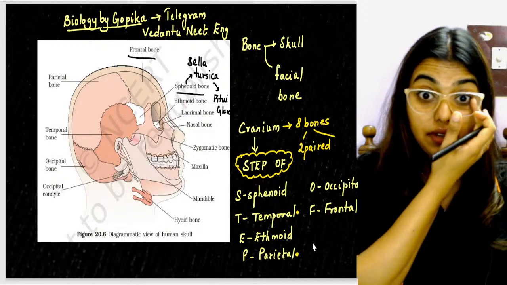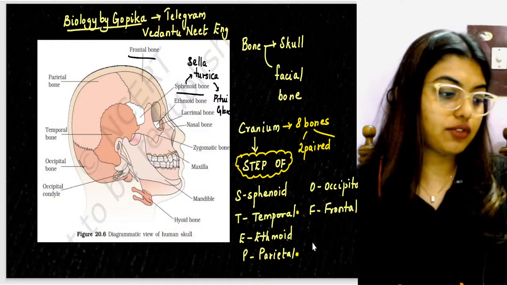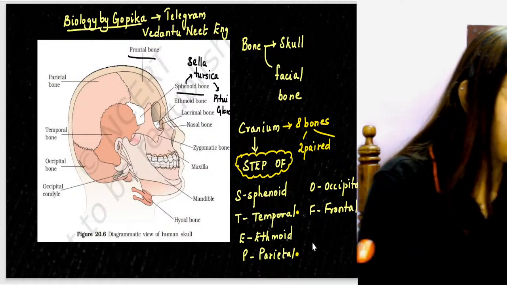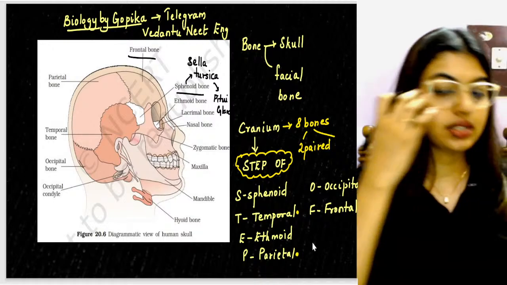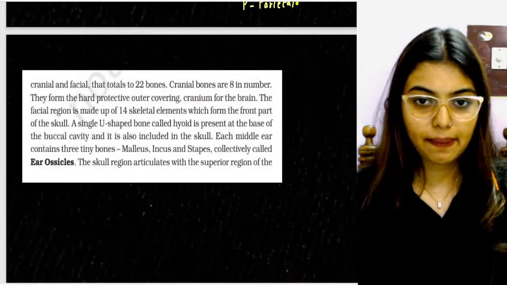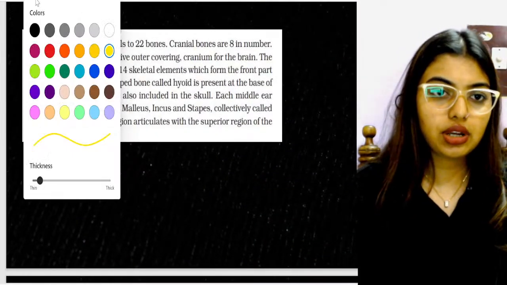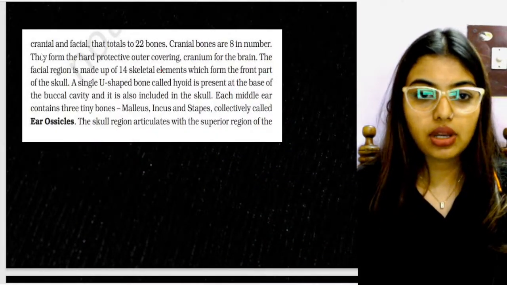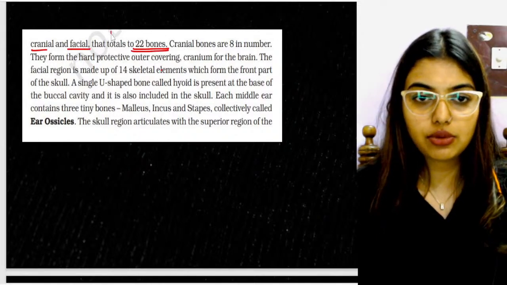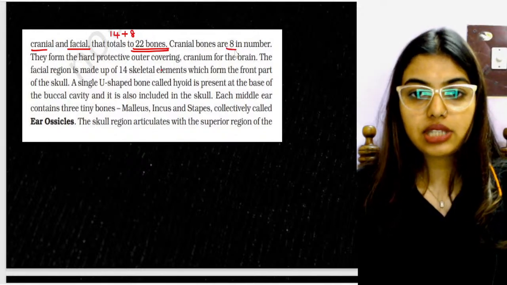Now students, when we talk about the facial bones. Cranium and facial bones total 22 bones. How are they 22 bones? 14 plus 8. Cranium bones are 8 in number.